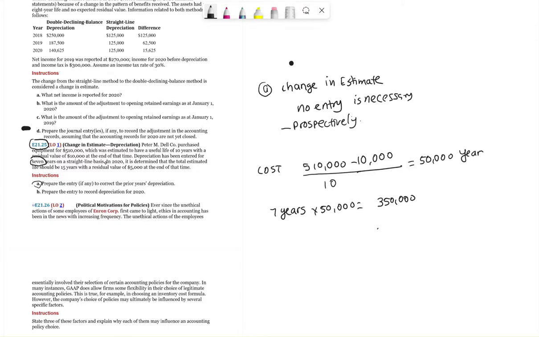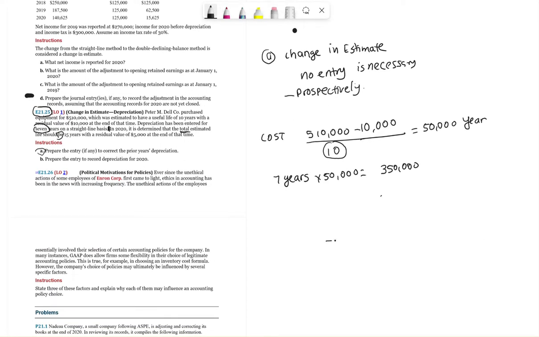Now something else is happening in 2020.